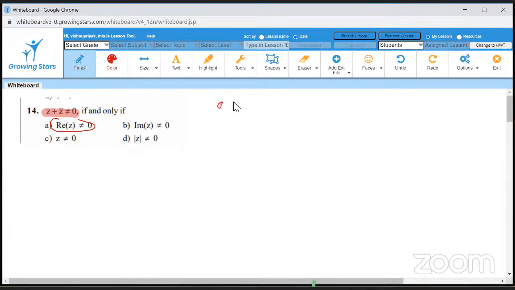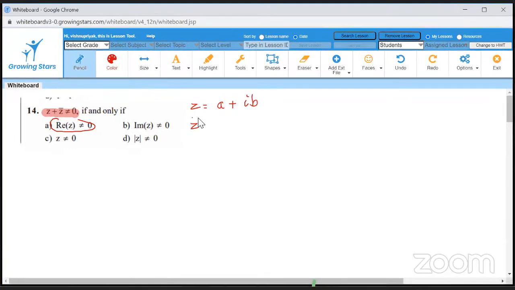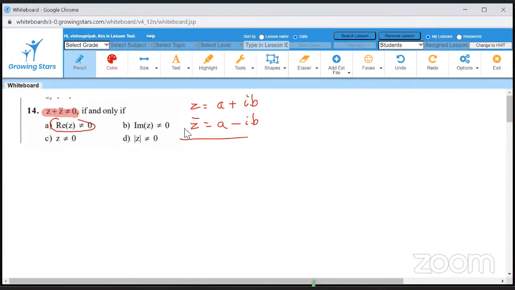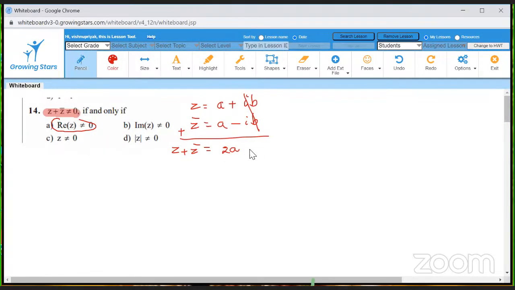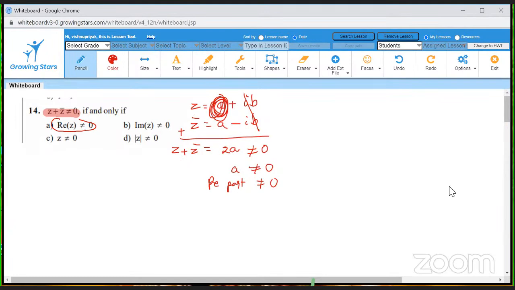See, you will have real and imaginary parts. This is Z, A plus iB. What is Z bar? A minus iB. If you add Z and Z bar, the imaginary parts will cancel. You will have 2A. Z plus Z bar should not be 0. That means A should not be 0. That means the real part of Z, A, should not be 0. Option A is correct.